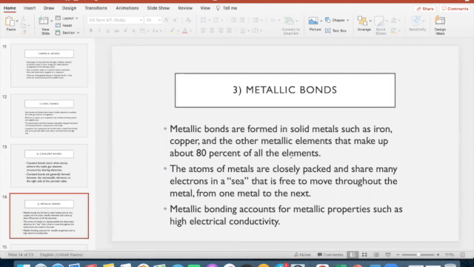So this is why metals are conductors, because those electrons can move freely throughout the metal. Your metallic bonding accounts for metallic properties such as high electrical conductivity. So this is why metals are conductors, because these electrons are free to flow through them.